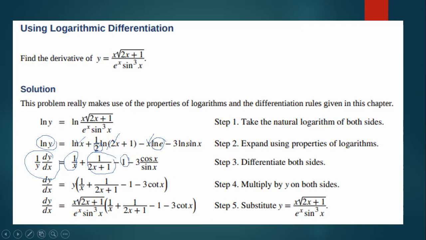Okay, so then 3 into log of sine x, so it will be 3, and then derivative of log will be 1 upon sine x, then the derivative of the function, that is sine x, so derivative of sine equals to cos x, so it will be written as cos upon sine, as cos upon sine equals to cot x, so it will be written here.